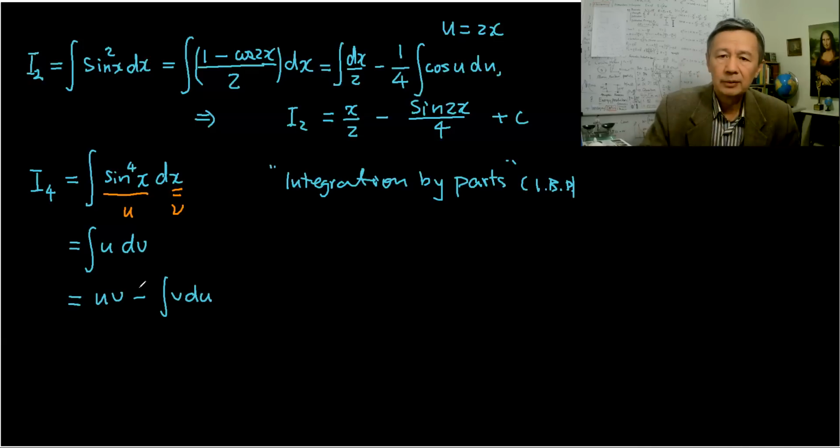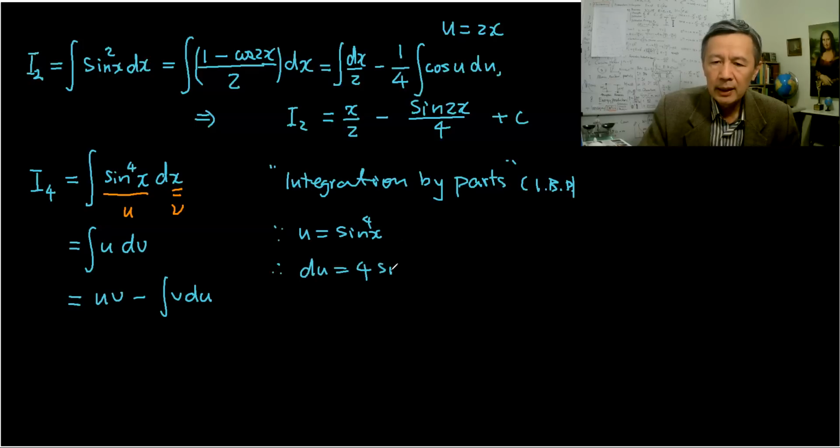Basically, u will equal sine x to the power of 4, so du will equal 4 sine cubed x. Can you see? The power is reduced by 1. But be careful, you have to use the chain rule here.